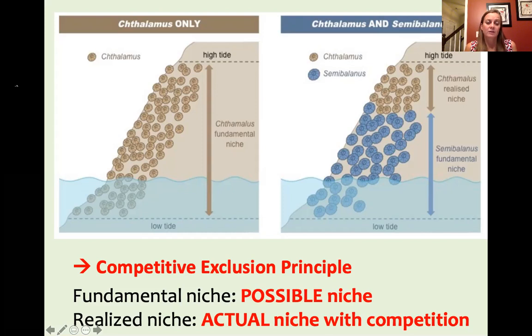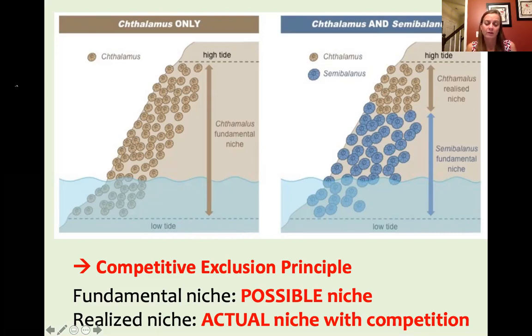Okay, so this thalamus, if there's no competitors there, it will occupy space on a rock from the low tide all the way up to the high tide line. However, if this other type of barnacle moves in, the Symbioses, it's a better competitor in the lower area. But it does not survive as well with less time underwater.